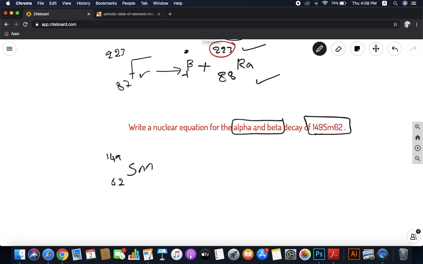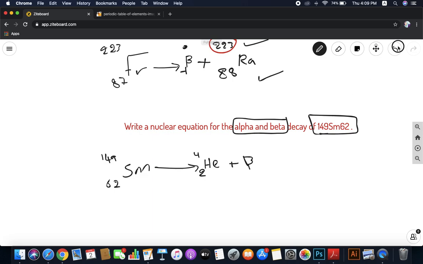Now it's going through alpha and beta decay, so it will produce alpha and beta. Alpha, let me write it as helium, so you can write them both, they are alpha: 4, 2, plus beta: 0, minus 1.